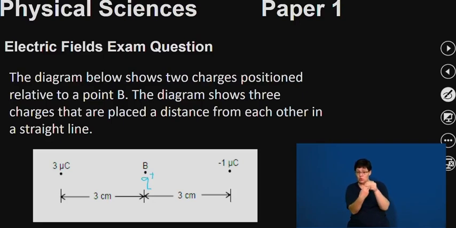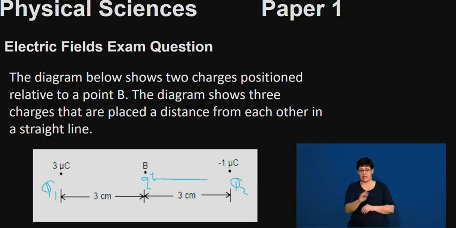Now, the force that it experiences due to this charge, let's call this charge Q2, let's call that Q1. So as a result, the force exerted by Q2 on the test charge at B is actually towards, so this is E due to Q2, okay, right? Now, if Q1 is positive, it will repel the test charge away from it.